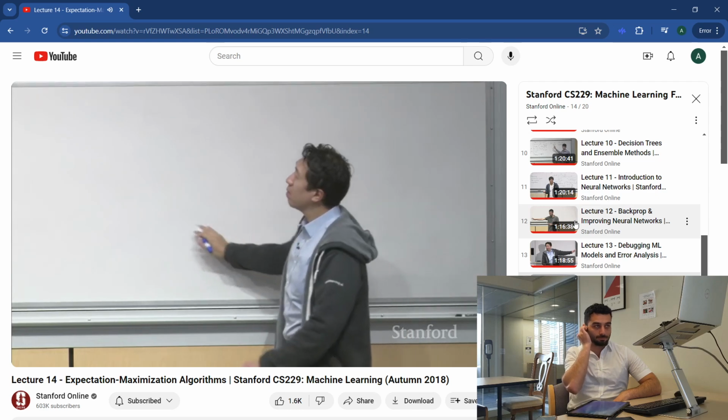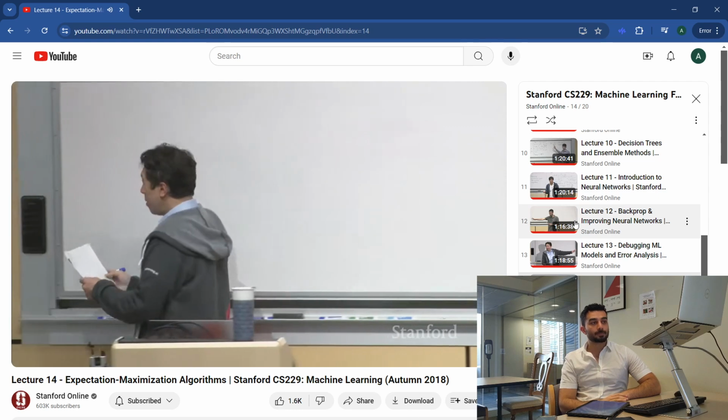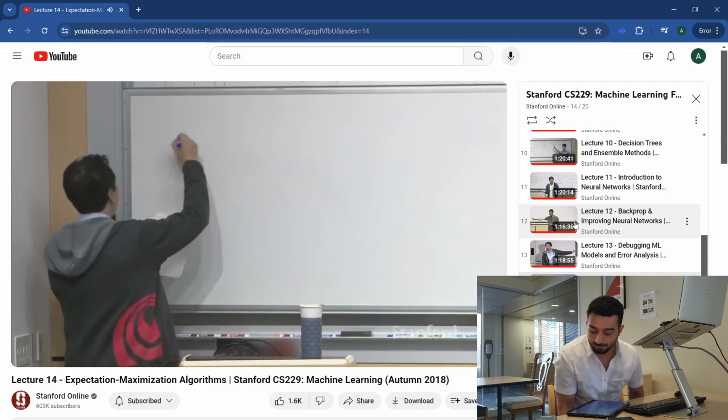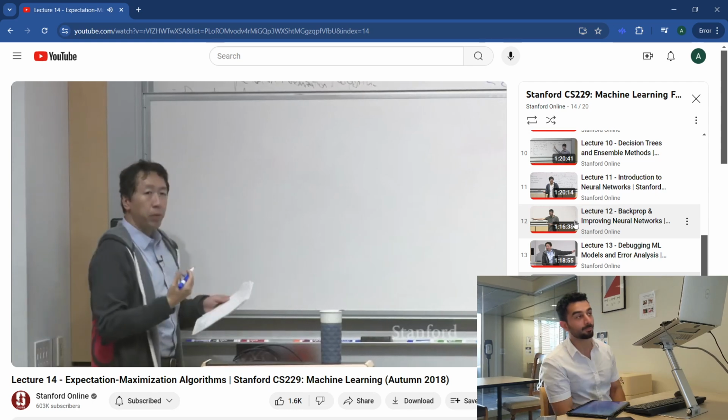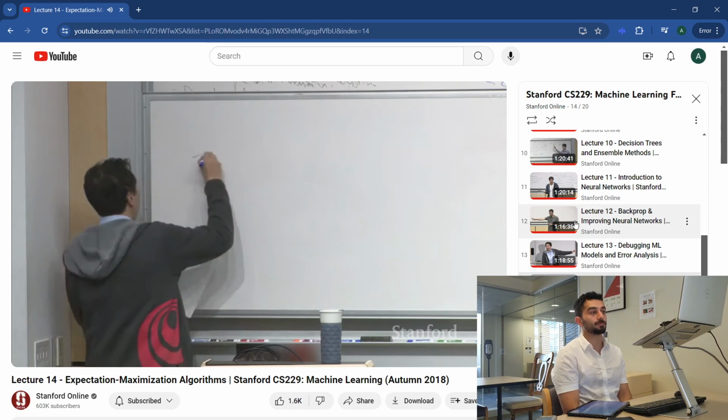All right, so it turns out that this algorithm can be proven to converge. Exactly why is written out in the lecture notes.